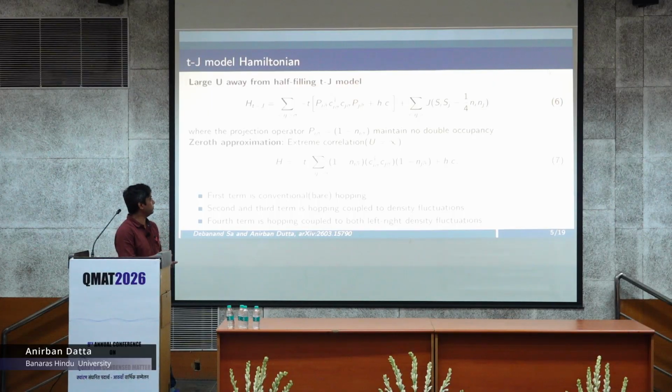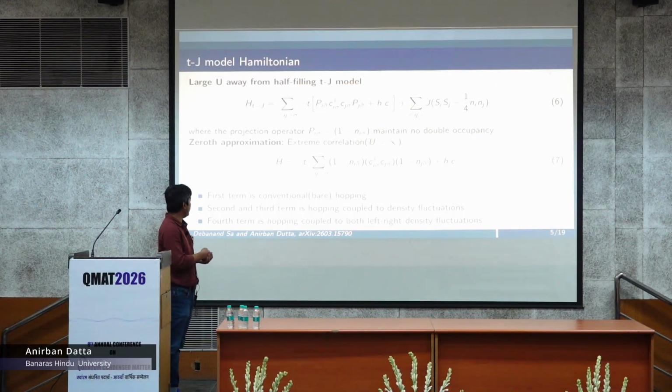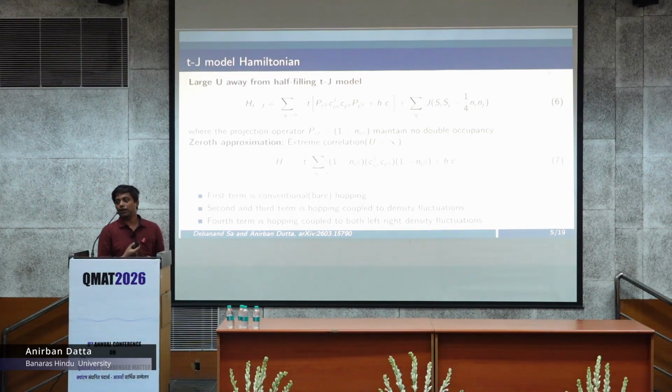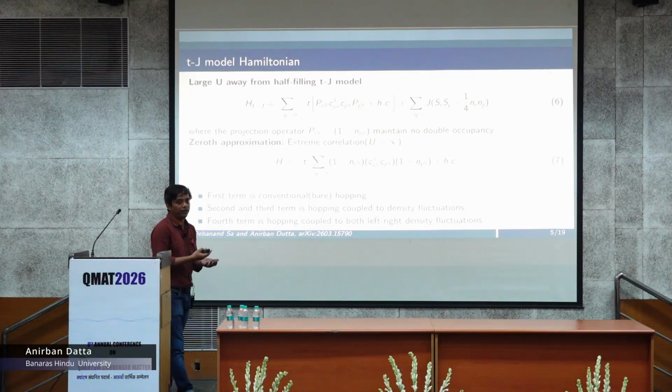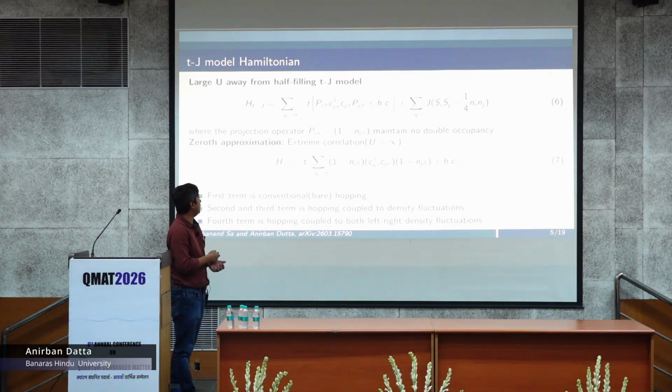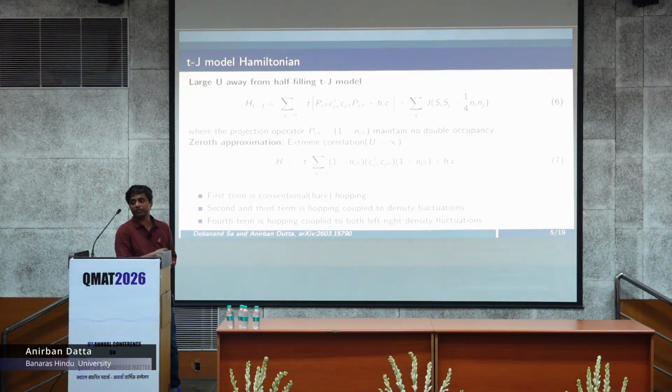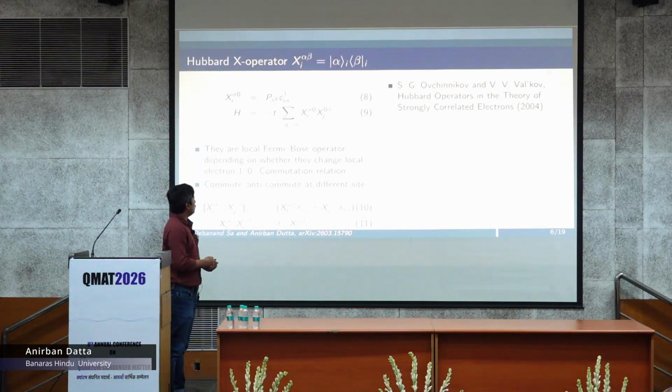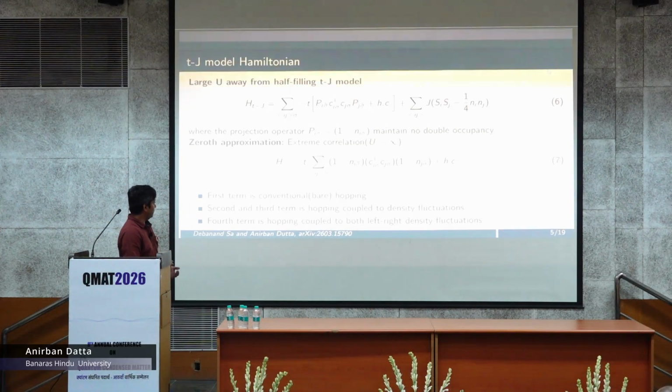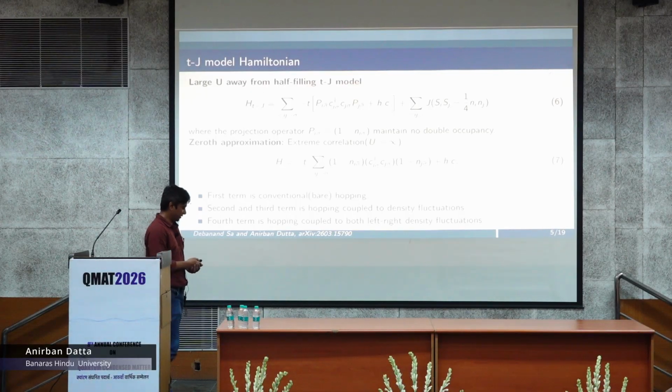Even though we can treat the conventional hopping term as H0, the free part of the Hamiltonian, our interaction is of the same strength as the free Hamiltonian. So we have to develop a technique to find an approximate solution for this Hamiltonian.